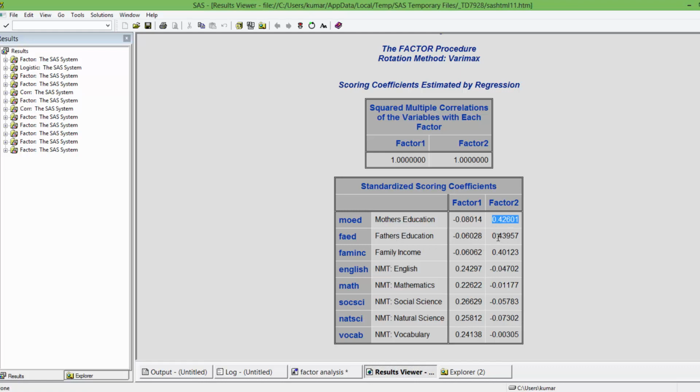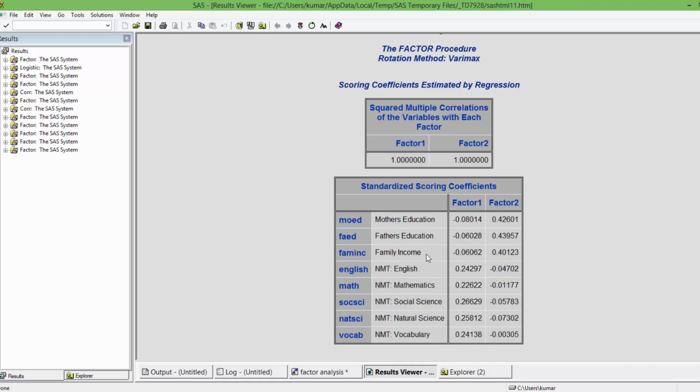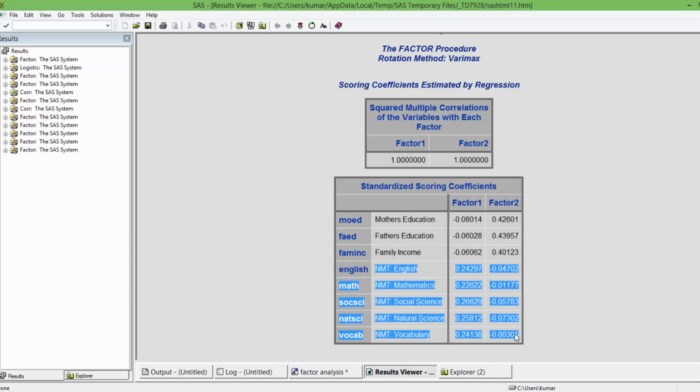The one which is higher, you just mark it. The first three variables are associated with factor 2. We group them and call them factor 2. For the next 5 variables, where the factor loading for factor 1 is higher than for factor 2, I group them in one particular factor and we call it factor 1.